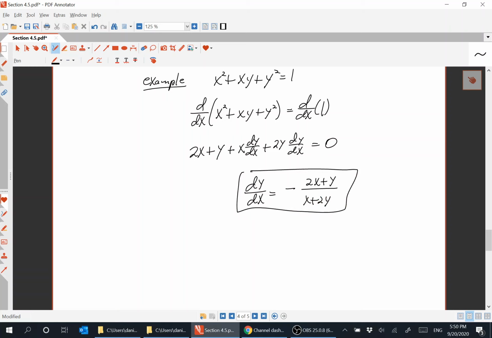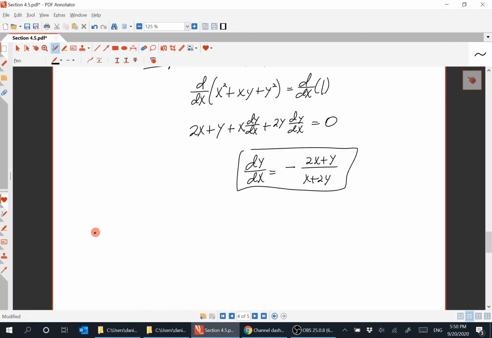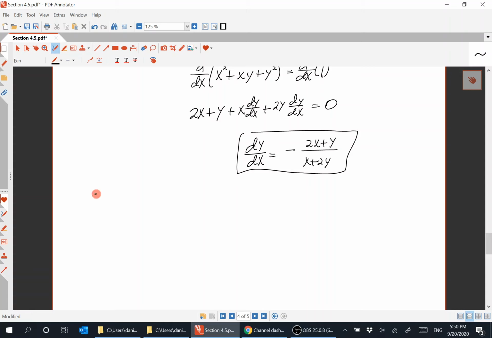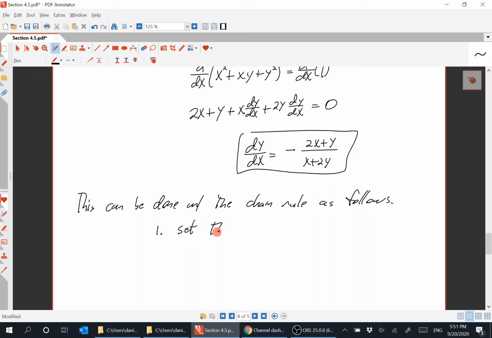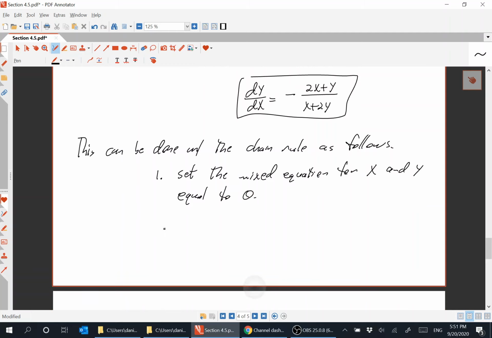But you can do this instead with the chain rule, as follows. First, set the mixed equation to 0, moving everything to one side of the equation.